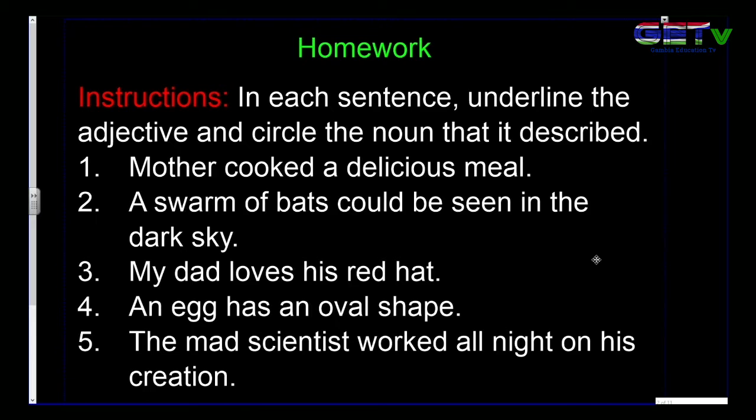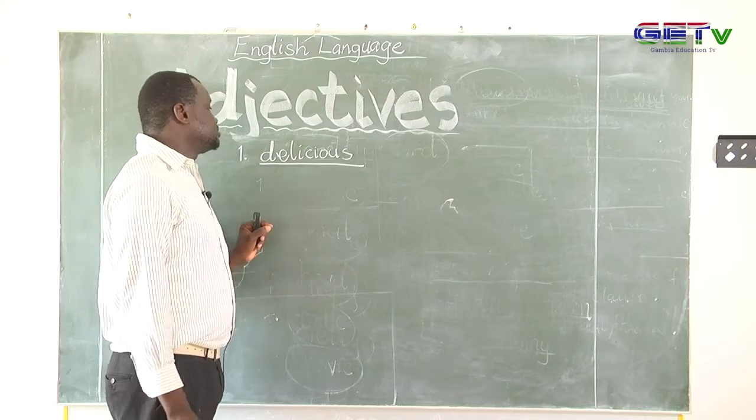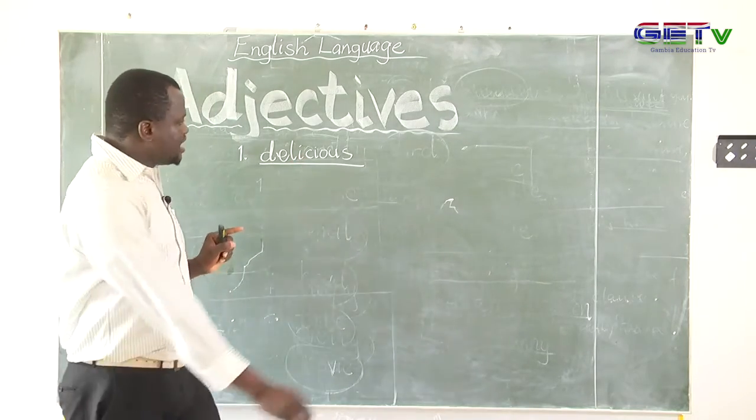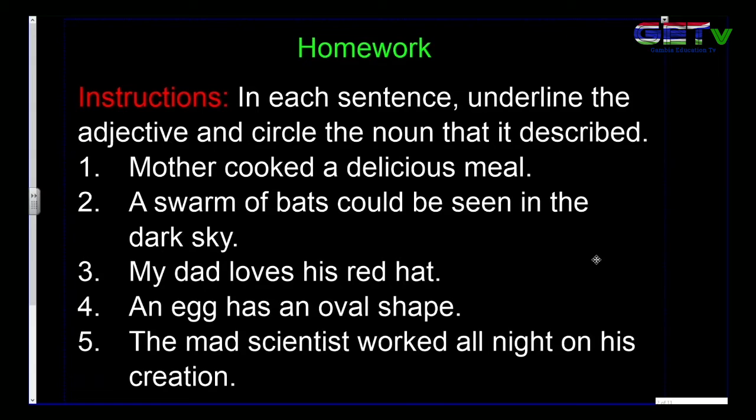Here the adjective is what? Delicious. We underline it. And the noun that delicious describes is what? Meal. So we circle the noun meal.